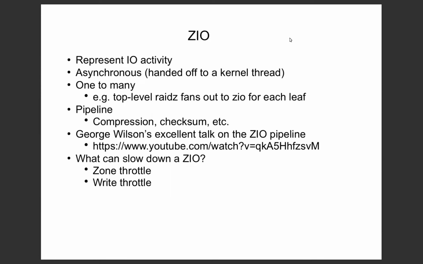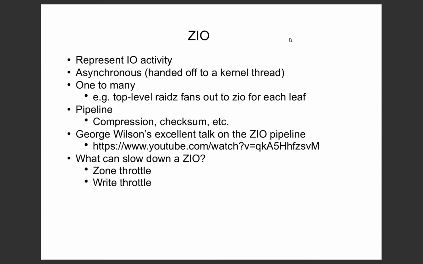I'm not going to explain how this all works today, but the code has a lot of great comments in it if you want to look. It's the zfs_zone.c source file in the source tree, and it explains how the algorithm works and figures out when throttling should happen versus when it's okay to let I/O run through as fast as it can. So you can read that if you want to understand the algorithms. But that's one component that could be causing I/O to get slow for your zone.